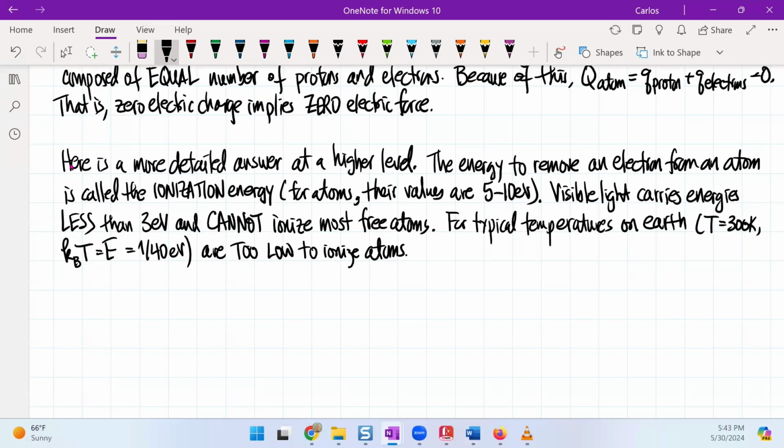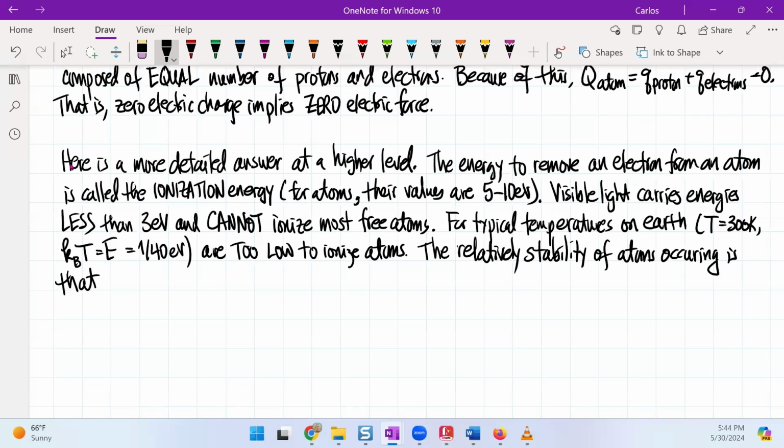So once again, the relative stability of atoms occurring is that stable atoms require more energy to ionize.